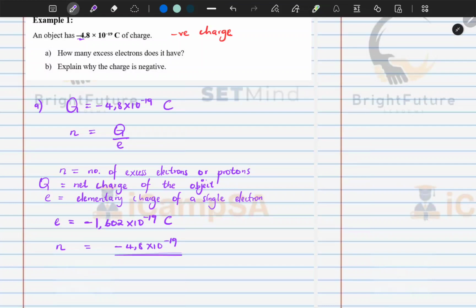Actually, you don't have to include this minus. It's just that some people prefer doing so. When I punch my calculator, I get 2.996, but we have to round off, and in this case, since it's a number we are counting, this is approximately 3.